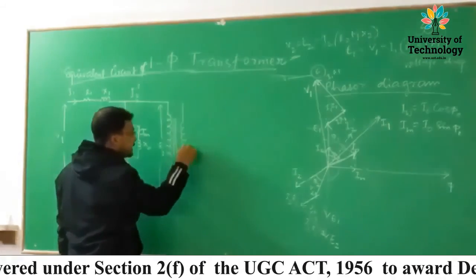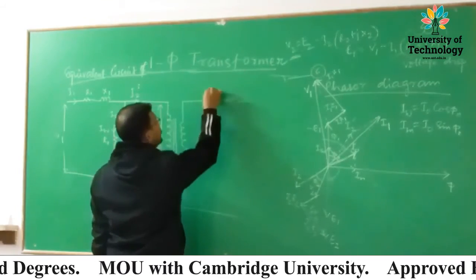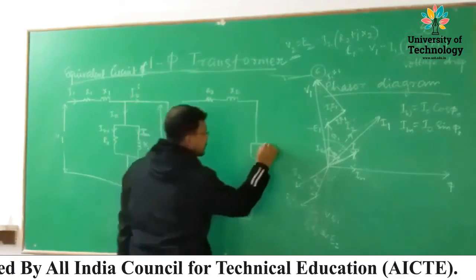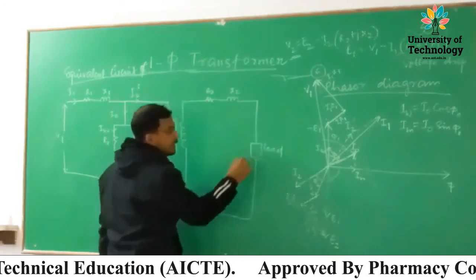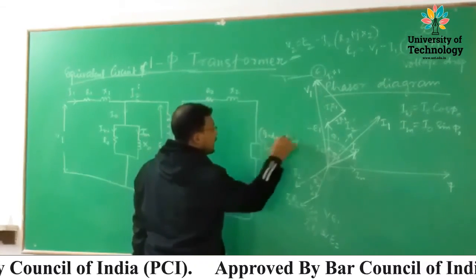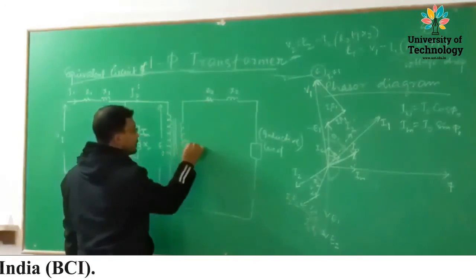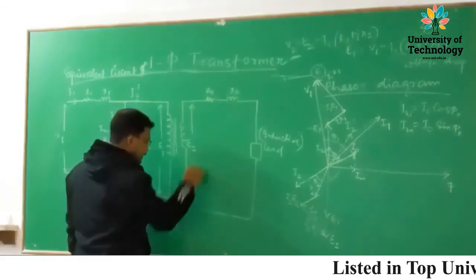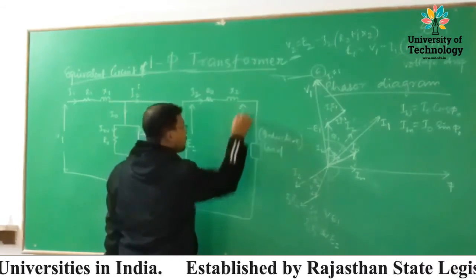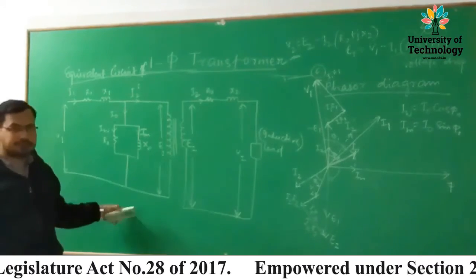This is the secondary side coil with resistance R2 and X2, with the load connected on the secondary side. Normally we consider an inductive load because most loads are inductive in nature, and due to this the EMF induced is E2 and the current is I2, and this is the voltage on the secondary side.